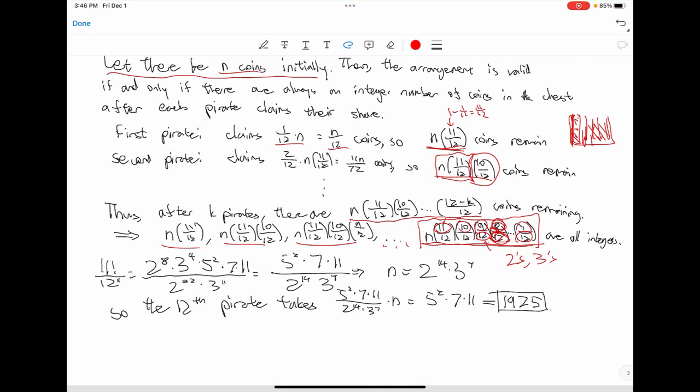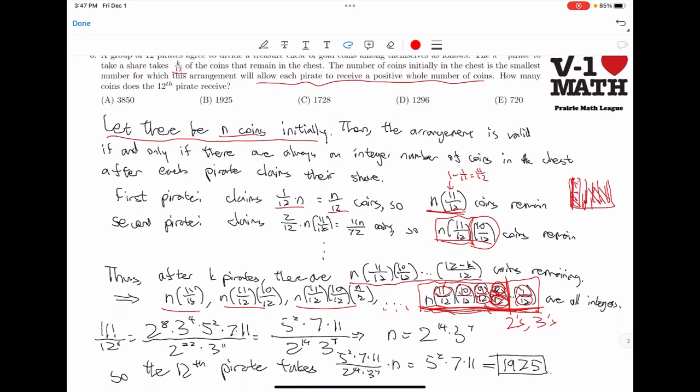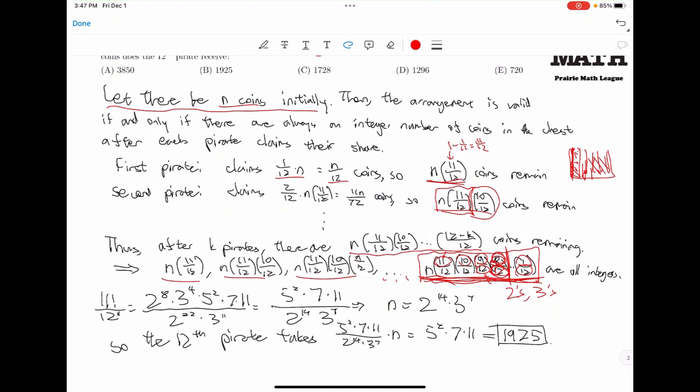So the denominator is going to keep on growing, and the numerator is going to try to stop the denominator from growing, but ultimately this is the greatest denominator that occurs in this one number. You can see this for yourself just by comparing this with, say, 11/12, 10/12, 9/12, 8/12 times n, and seeing that this indeed has a greater numerator and a greater denominator, and so will require n to be greater.